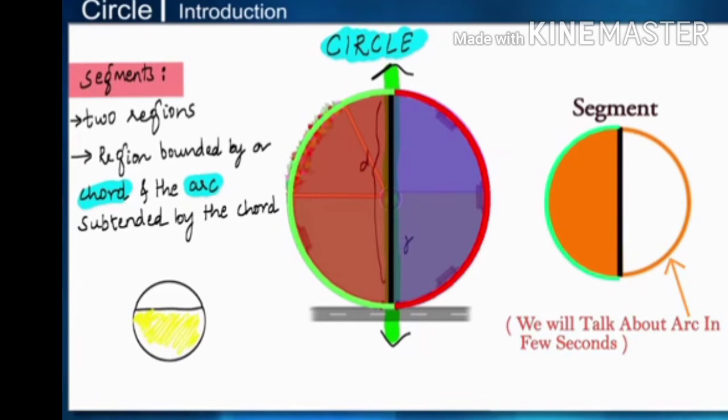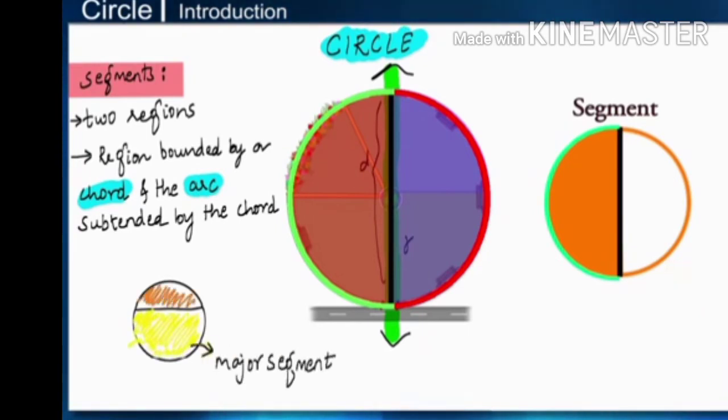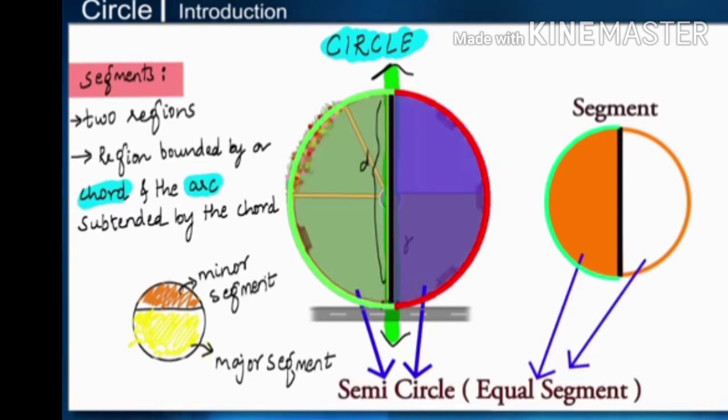The larger area is known as major segment and the smaller one is known as a minor segment. If the chord or a secant is a diameter, then the circle gets divided into two equal regions. And in our case, it gets divided into two equal semicircles.